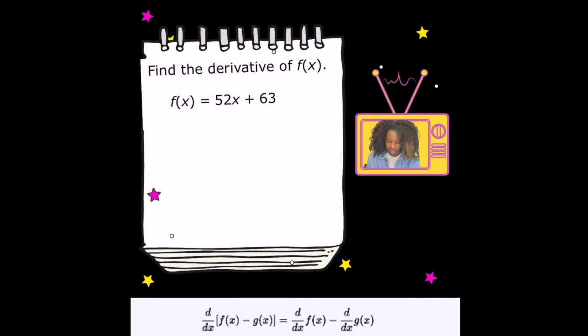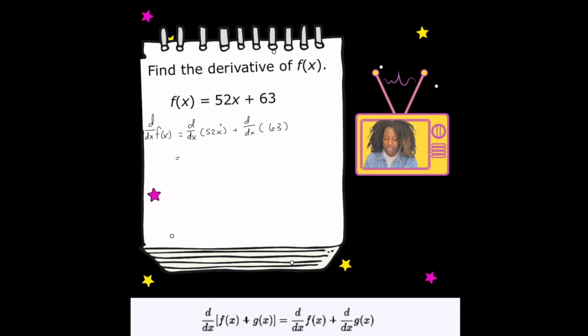Let's do the same thing when we need to find the derivative of our f of x, which is equal to 52x plus 63. So we find the derivative of f of x: the derivative of 52x plus the derivative of 63. Let's actually break down that easy trick I talked about. When we're taking the derivative, we look at our variable's exponent, which is 1, okay?